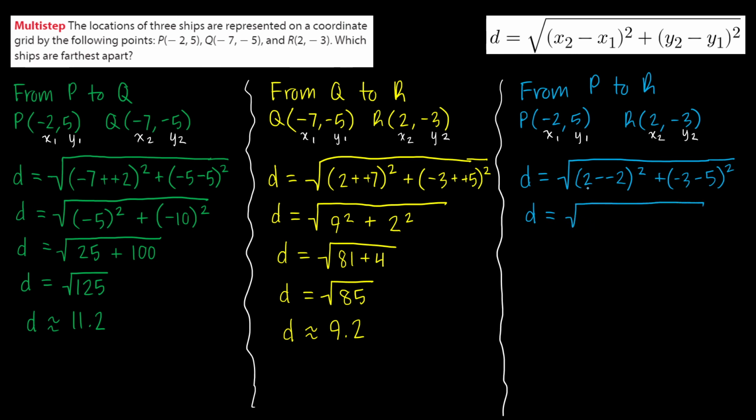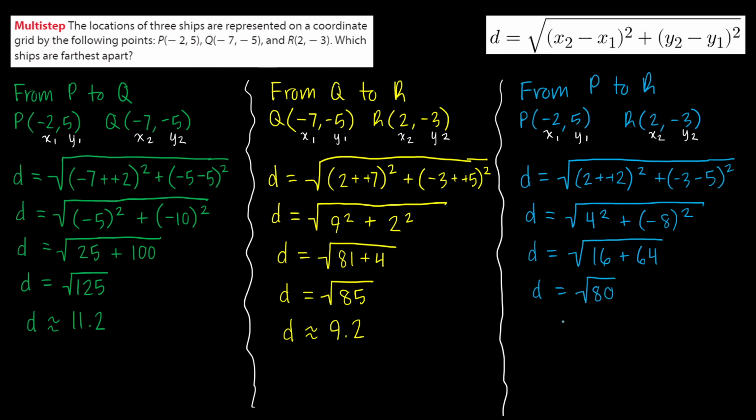And like before, parentheses come first. 2 minus negative 2 is 2 plus 2, so this is 4 squared, plus negative 3 minus 5 is negative 8 squared. Evaluating our exponents, 4 squared is 16, and negative 8 squared is negative 8 times negative 8, which is positive 64. So D is equal to the square root of 80.